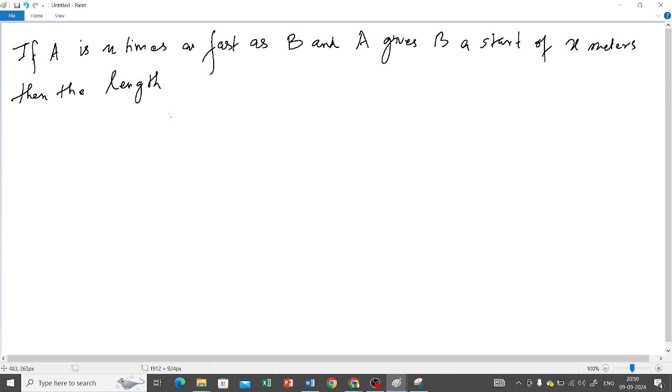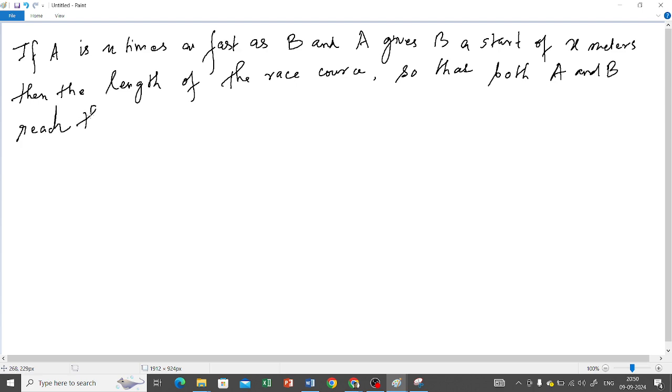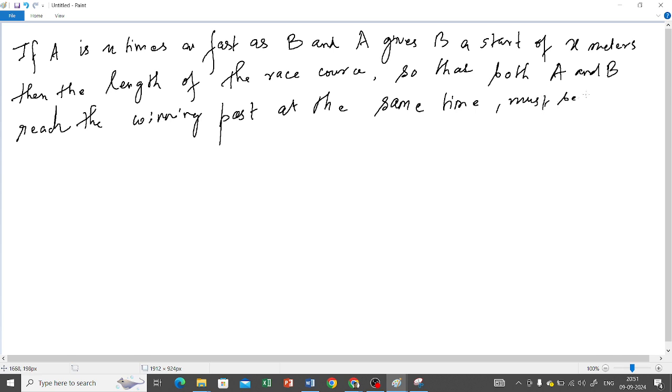the length of the race course, so that both A and B reach the winning post at the same time. There is a formula given in the book, but we will not learn this formula.